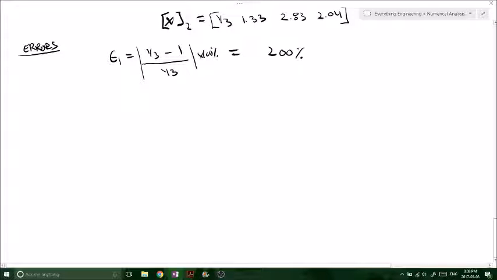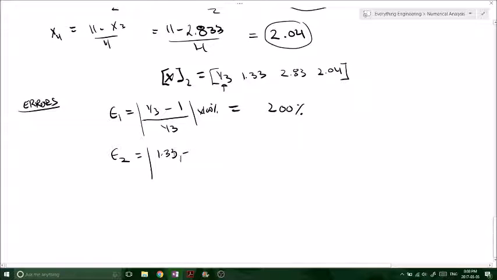So it has increased. Our relative error for our first variable, x1, has now doubled. It may seem like we got a diverging solution, but we'll do one more iteration and really see if it is diverging or if we can actually get a converging solution. So let's do our error number 2 and see what we get.